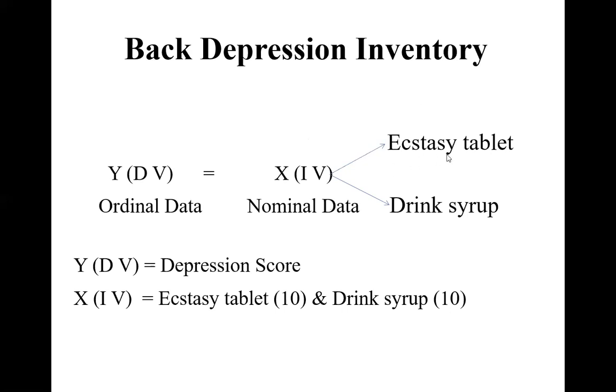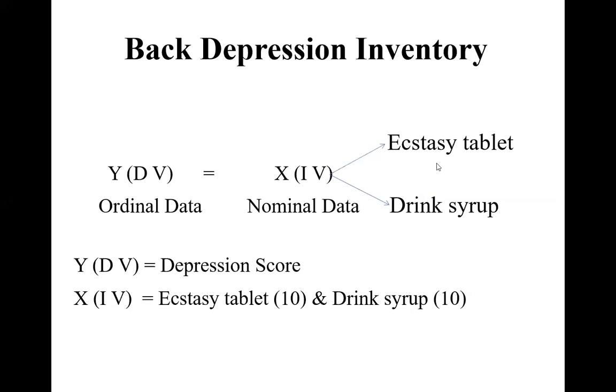The doctor is giving two types of doses to patients to reduce their depression level. There are two levels: one is an ecstasy tablet and the other is a drink syrup. Okay, it's a hypothetical study, not a correct study. So there are two variables: depression score and ecstasy tablet. He took 10 participants who are ecstasy tablet users.